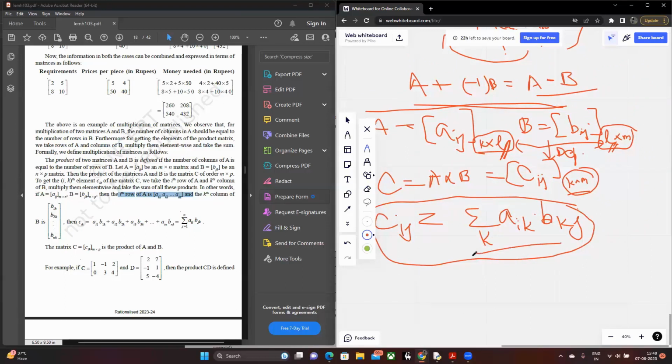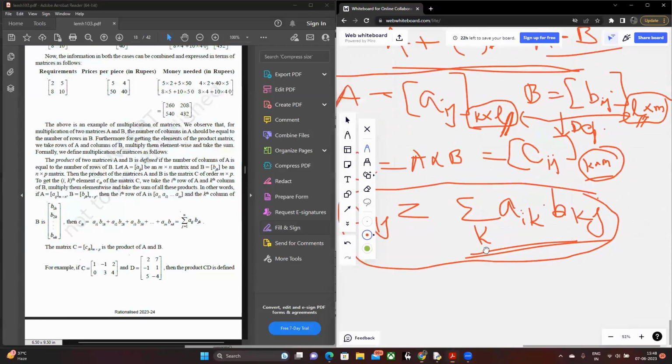What this means is, it is basically the sum of Ai1 into B1j plus Ai2 into B2j plus Ai3 into B3j plus whatever up till Ain into Bnj. All right. This is basically this form or this form, right?